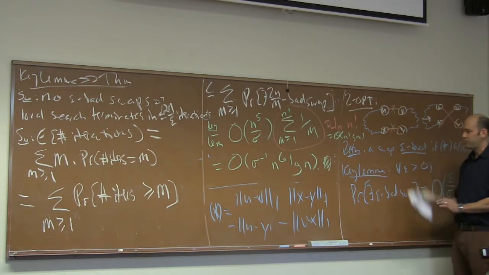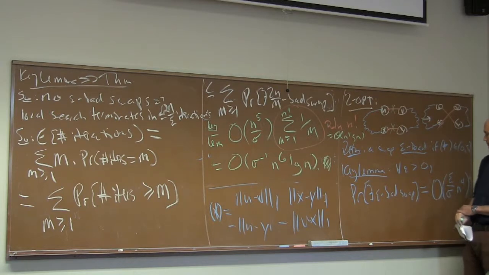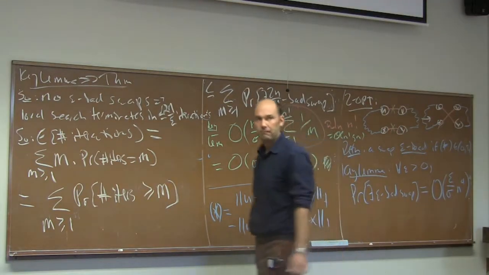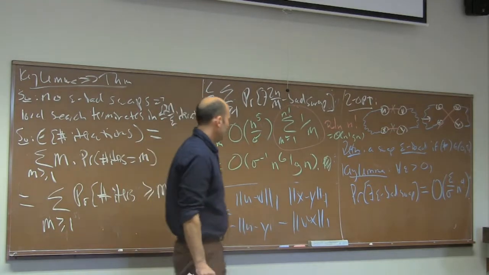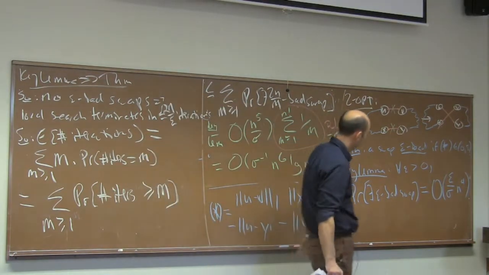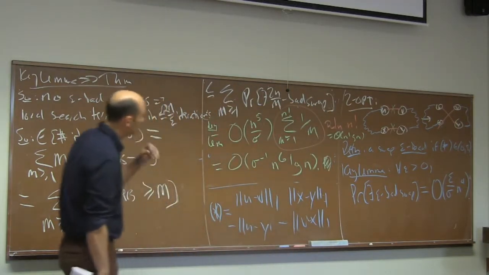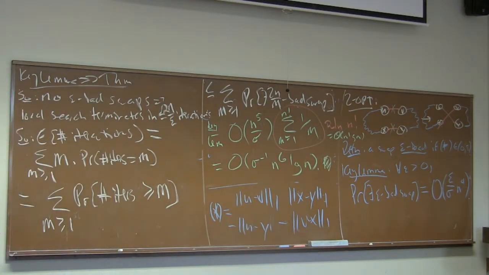So that's why if we prove the key lemma, then we're done. It's just proving a sufficiently rapidly decreasing probability bound on the probability of a bad swap. Okay? Any questions?